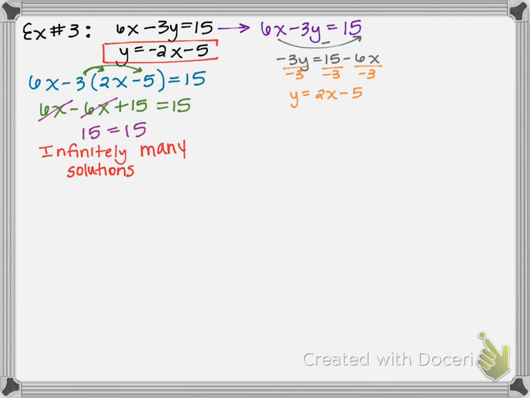I want you to follow along with my work. Definitely write it down if you have to. But that first one, we end up with y equals 2x minus 5. And the second equation was also 2x minus 5. So because they're the exact same equation, that does mean that one line was overlapping right on top of the other line, which is why we have infinitely many solutions.